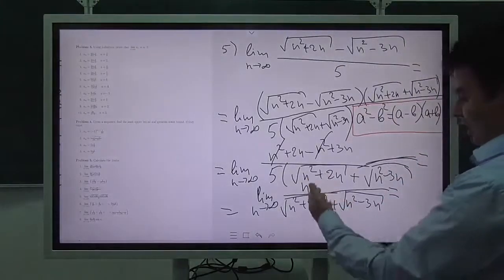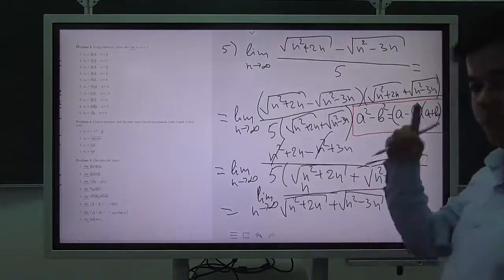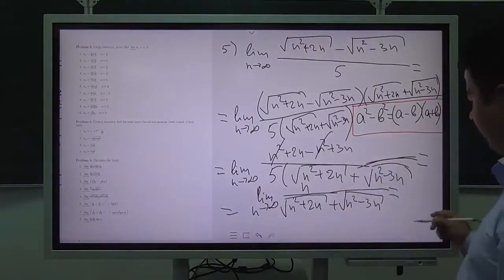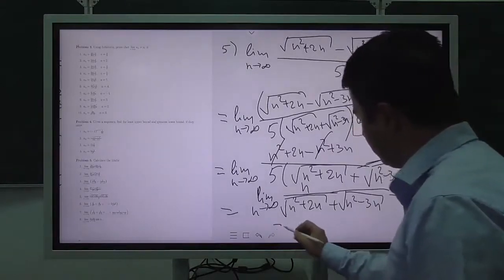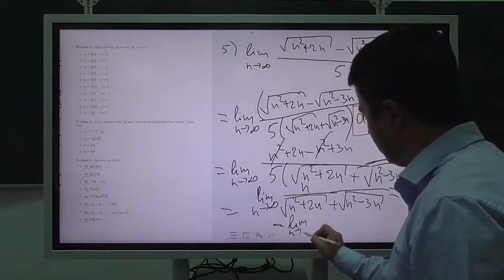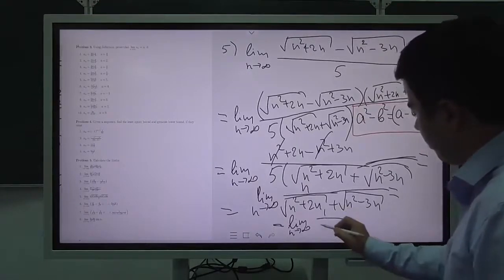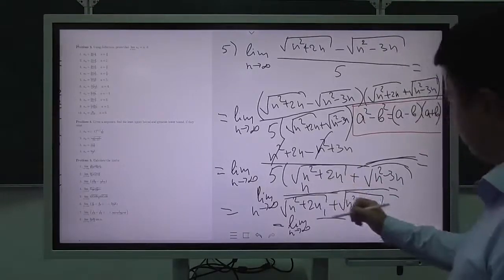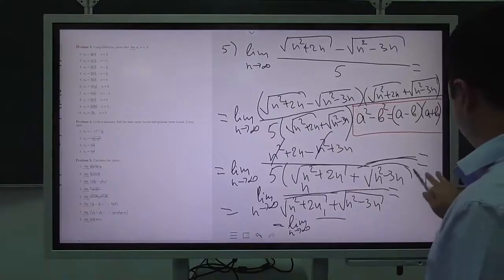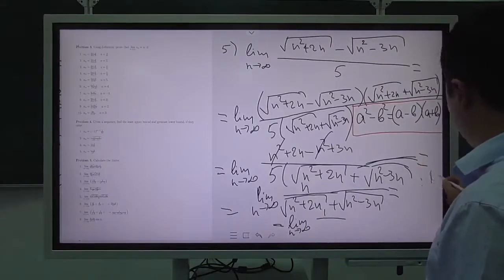It means the greatest power of n is just the first power. Let's divide by n to the first power. So 1 over here, because n over n, divided by 1 divide by n.